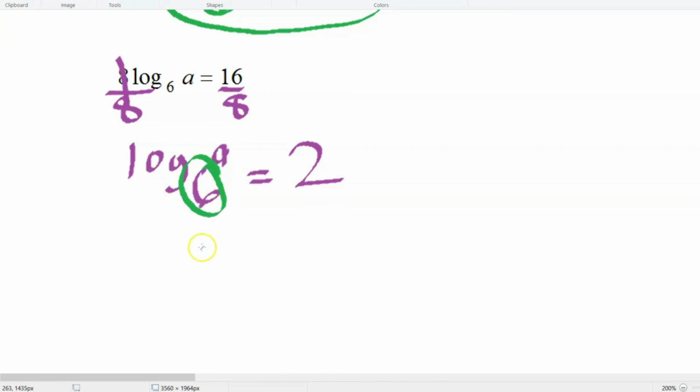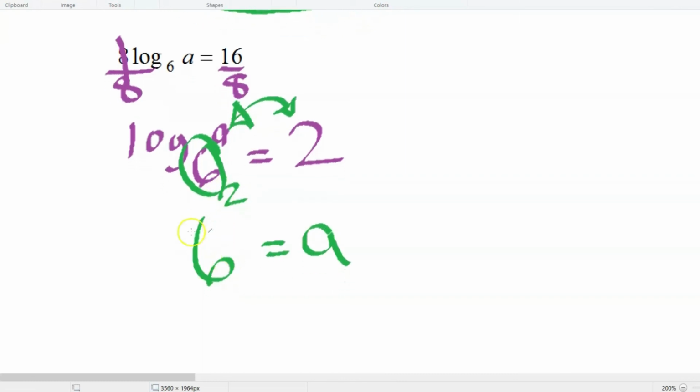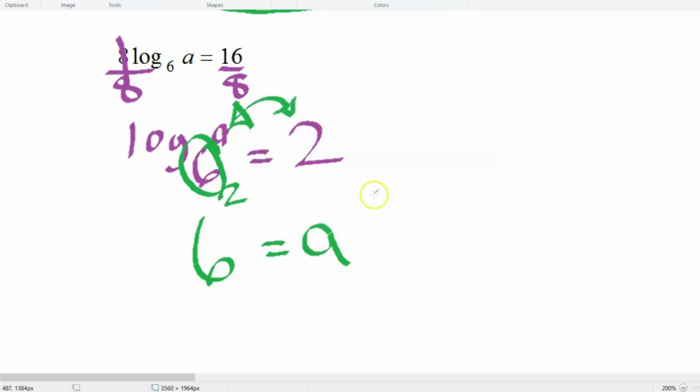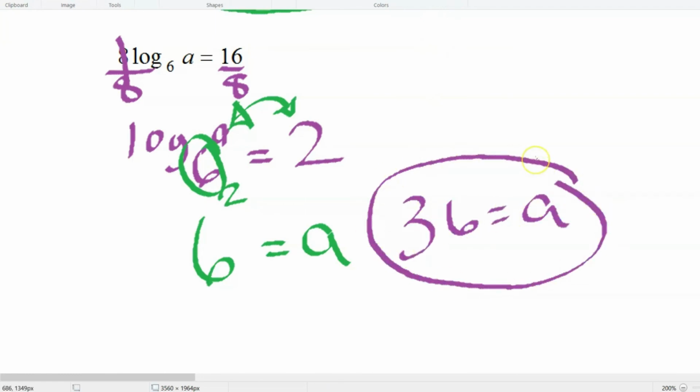This 6 is going to become the base to my logarithm, and we're always going to switch these two. So 6 squared equals a. So 6 to the second power equals a. So my answer is going to be basically figuring out what is 6 to the second power. So a, 6 squared, I know that is equal to 36. So my answer would just be 36 equals a.